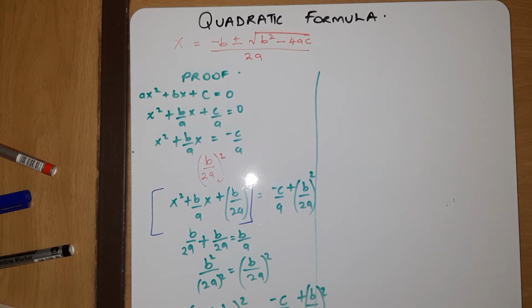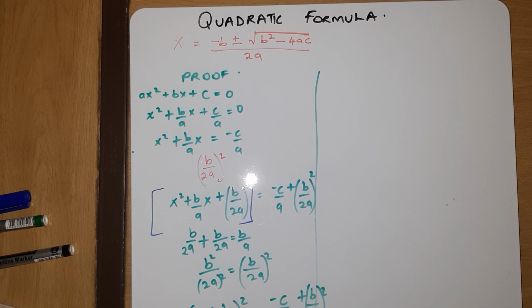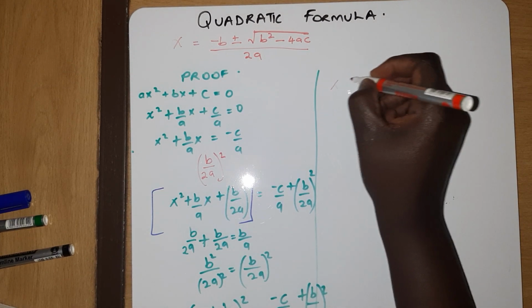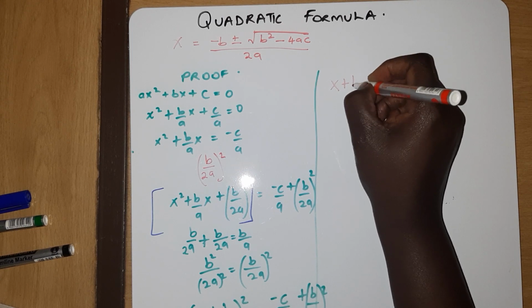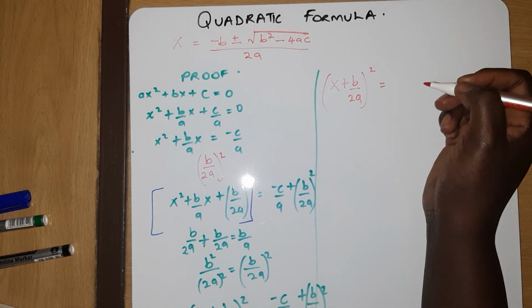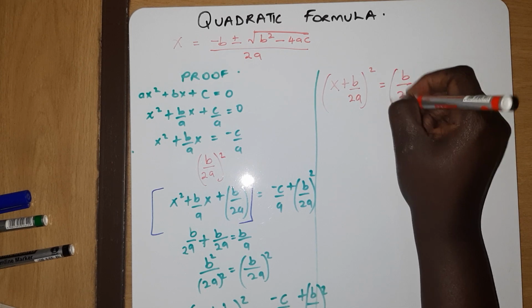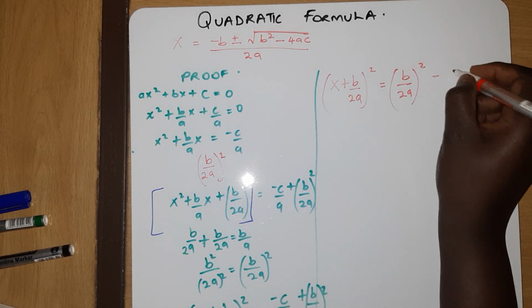Okay, so we are still simplifying. We want to simplify, so let's do something about this. Switch sides, bring the b this side and the c this side. So we have x plus b over 2a squared equals b over 2a all squared minus c over a.